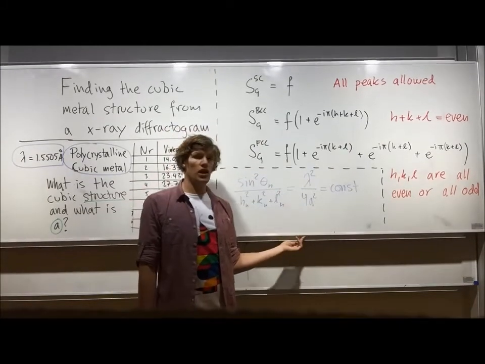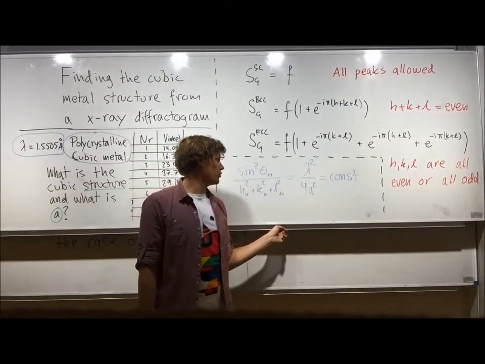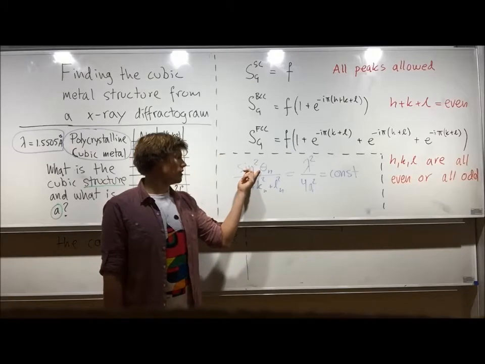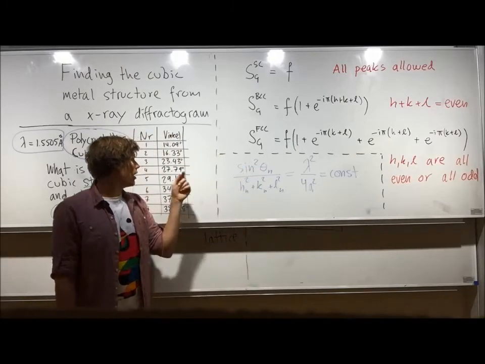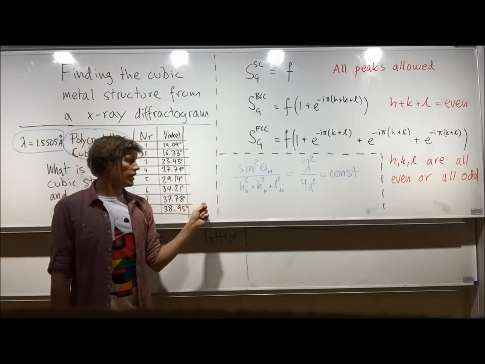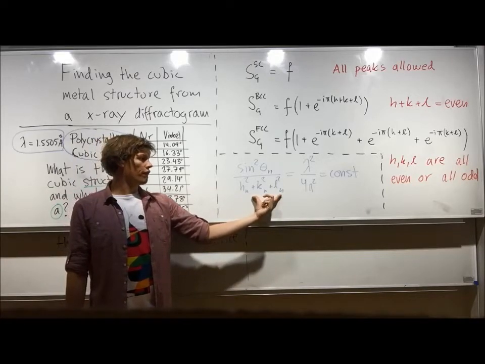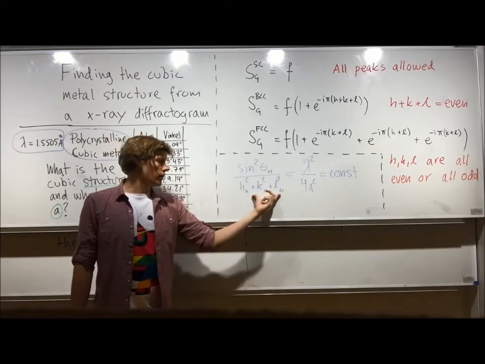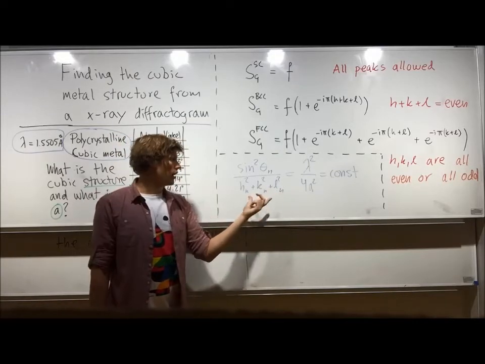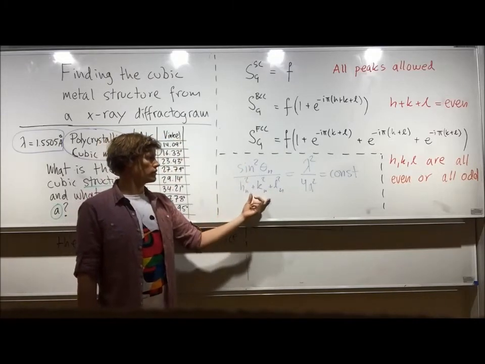And in order to check that, we'll actually use these angles, right? Theta is the angle here, and then we will calculate what the first planes will be with the lowest angle.